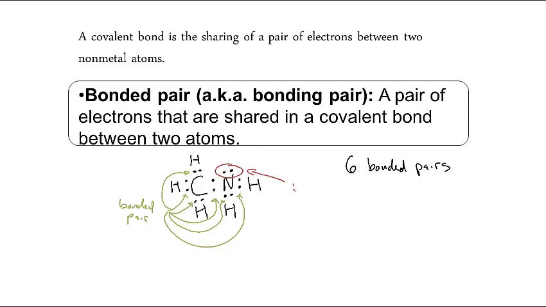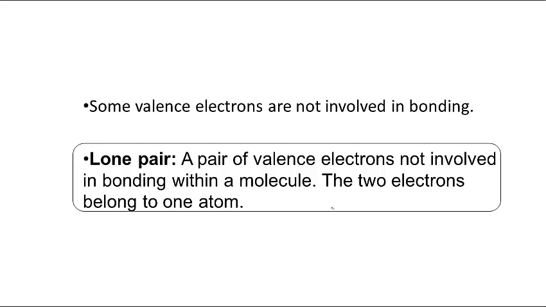Well, this is called a lone pair, which makes sense. It's by itself. That pair is by itself. All right, so some valence electrons are not involved in bonding. So the lone pair I showed you on the molecule before, it's just a pair of valence electrons that's not involved in bonding, and they belong totally to that one atom. Now that's going to be important when we start talking about shapes.